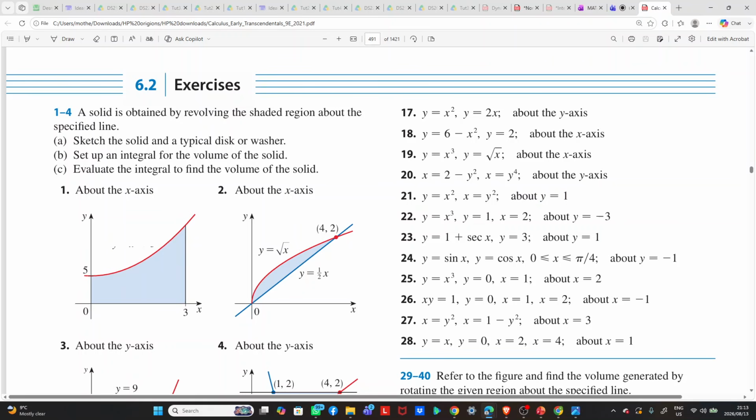Now we're going to revolve around the line y equals 1, shifted from the x-axis. So the line y equals 1 is now going to be the center. If the center has shifted, our radius is going to be affected, our big R of x and small r of x. Let's see how that will unfold.